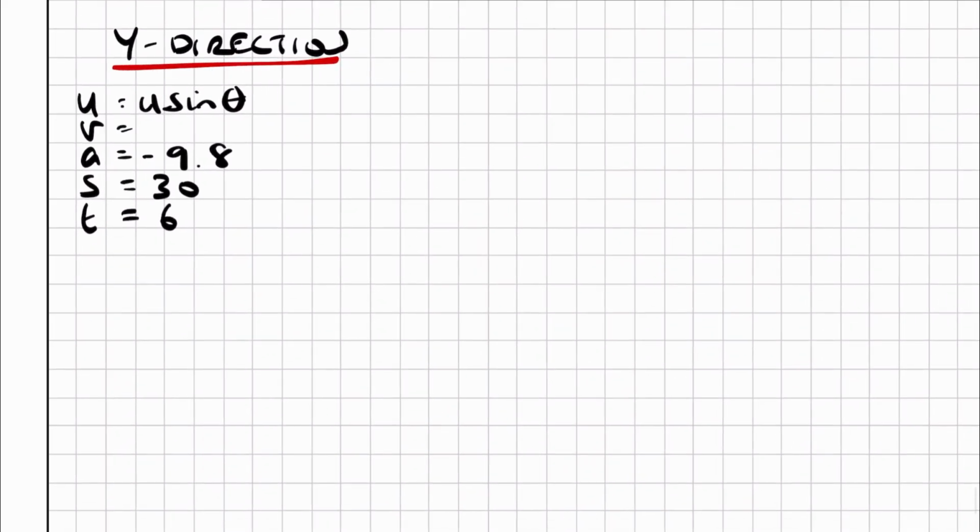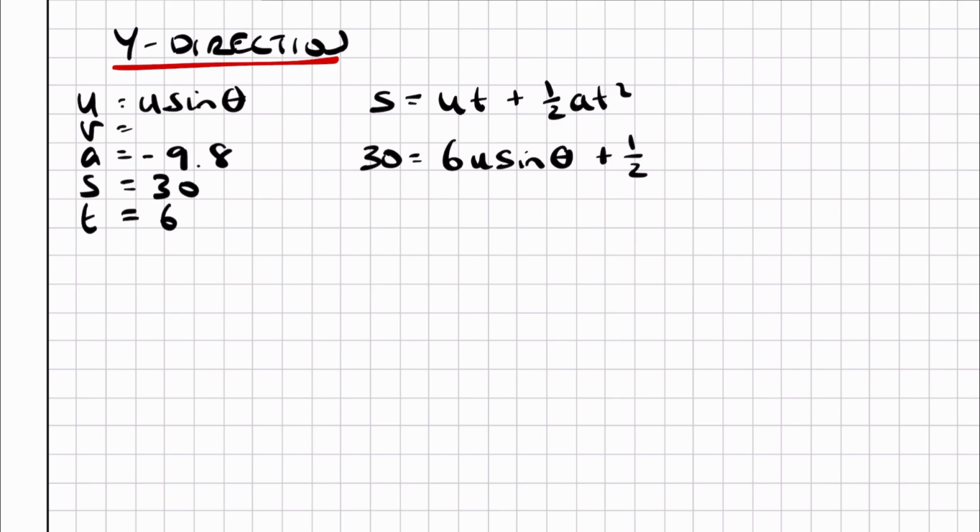So I'm going to say which equation has UAST, and that's S equals ut plus a half at squared. So I say 30 equals u by t, so 6u sine theta, plus a half by minus 9.8 by 6 squared.